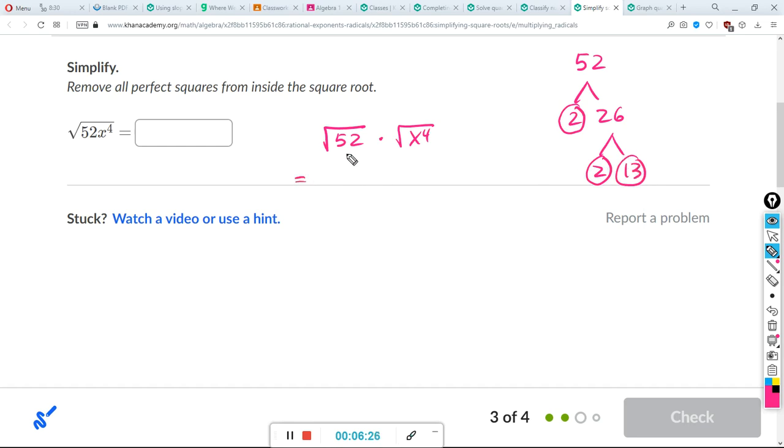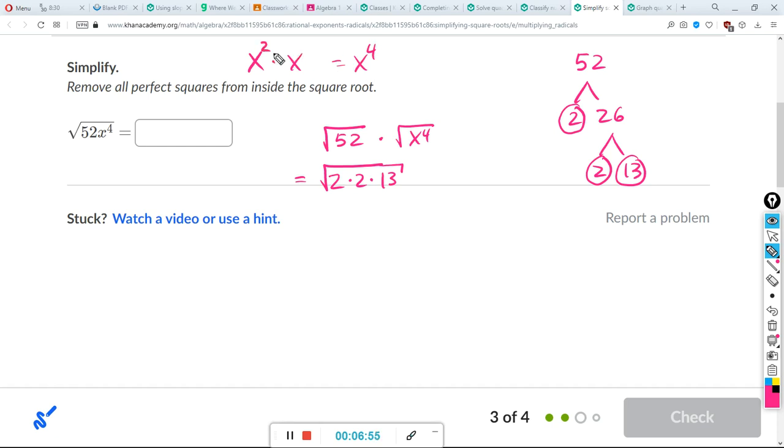So for radical 52, I'm going to write 2 times 2 times 13. And the square root of x to the 4th, well, what exponent would work here when we add it to get 4?